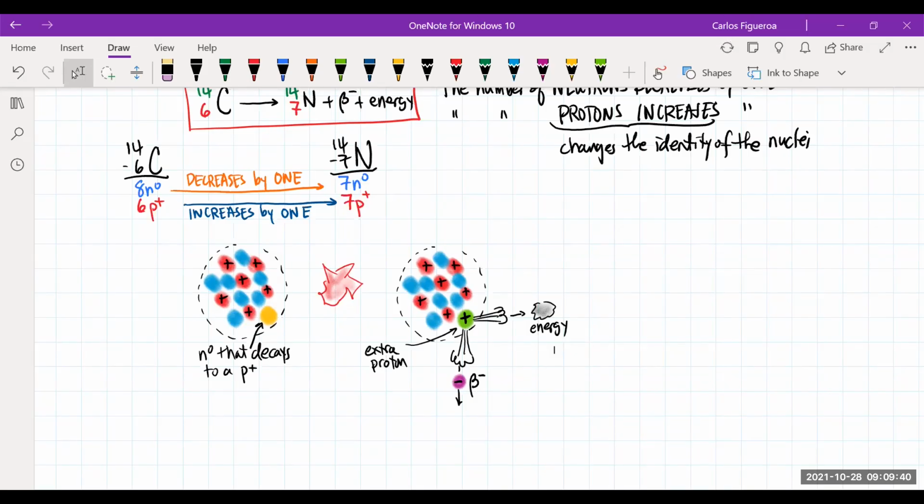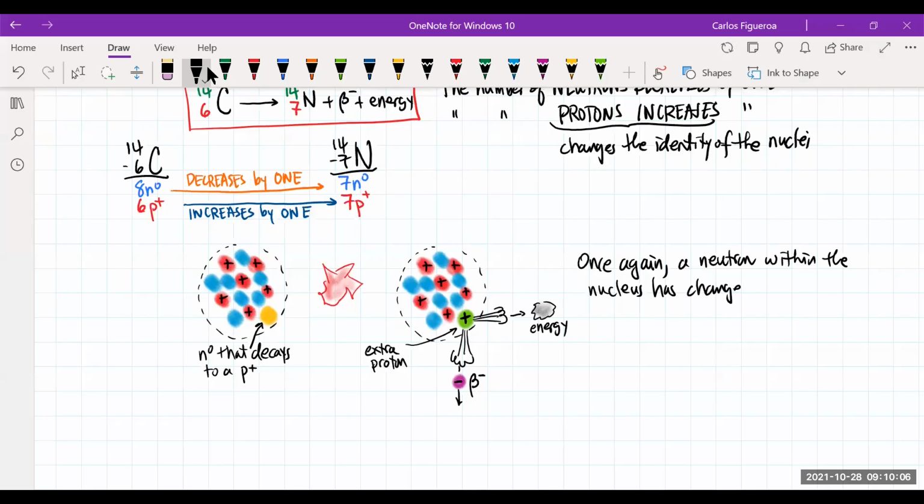So once again, maybe I should write this off to the side here and say, once again, a neutron within the nucleus has changed itself into a proton and emitting a beta and energy. Okay? That's what beta decays do.